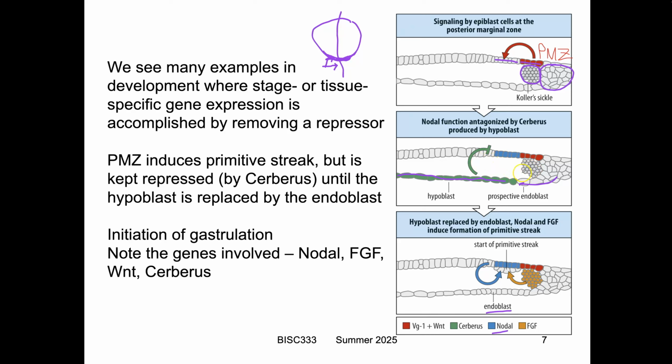At this point, Koller's sickle expresses FGF, fibroblast growth factor, which is a positive signal, and nodal signals back on itself to activate its own expression. So we're maintaining the nodal signal with FGF, and nodal is maintaining its own signaling. As it does this, it causes the nodal expression to move forward. That's the process.